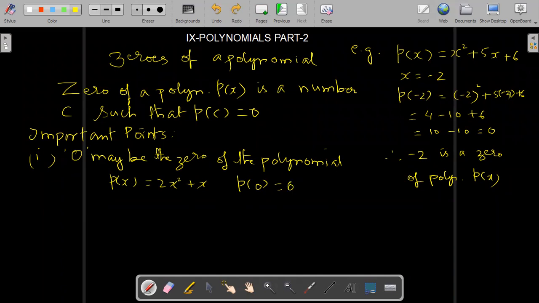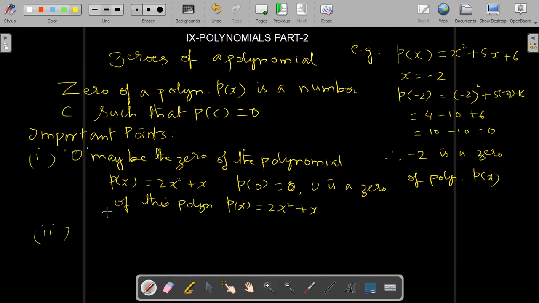That means 0 is a zero of this polynomial p(x) is equal to 2x square plus x. So this is the first point. Number 0 can be the zero of a polynomial. It is not necessary, it is not always, but it can be.